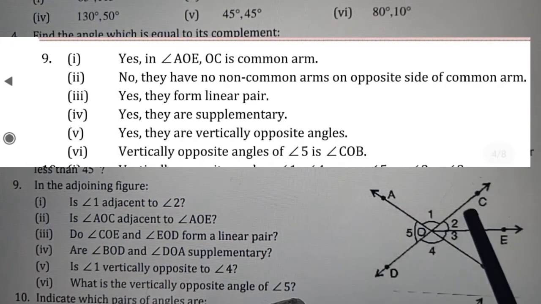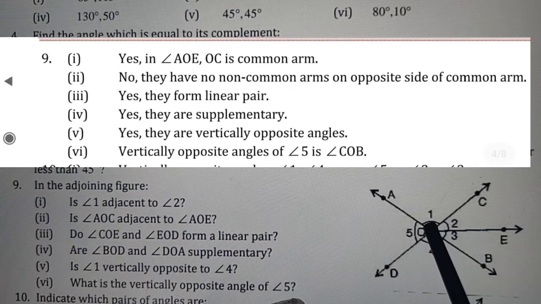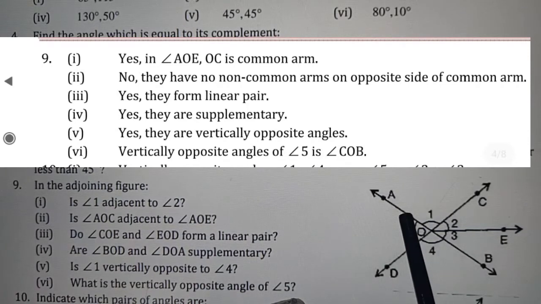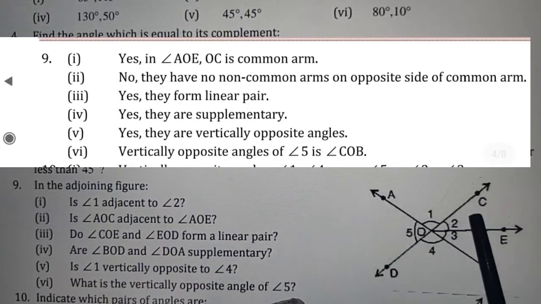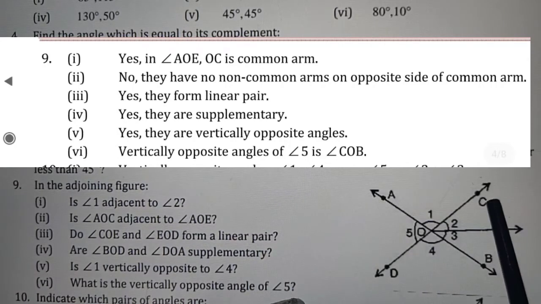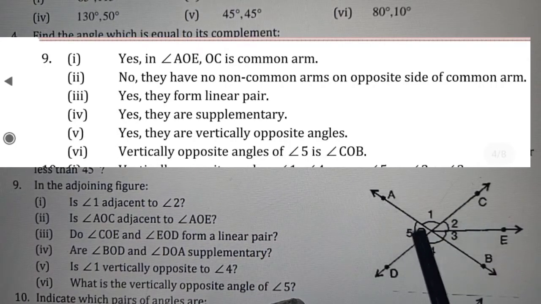Now there is no common arm between angle 1 and the addition of angles 1 and 2. That's why we can say that these angles are not adjacent angles. This angle is not adjacent to this complete angle. Actually angle AOC is one part of angle AOE, not an adjacent angle.